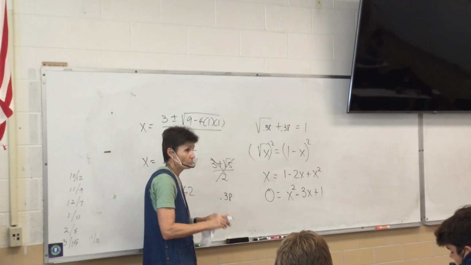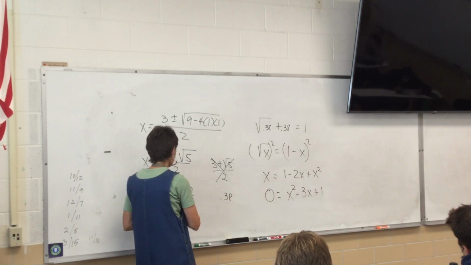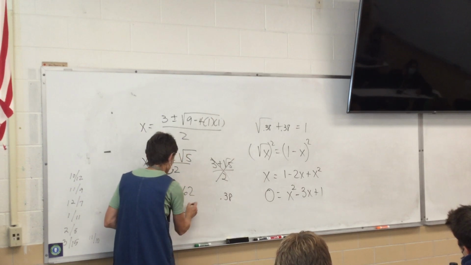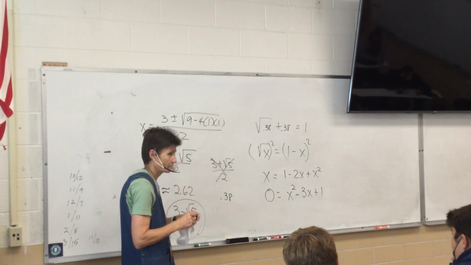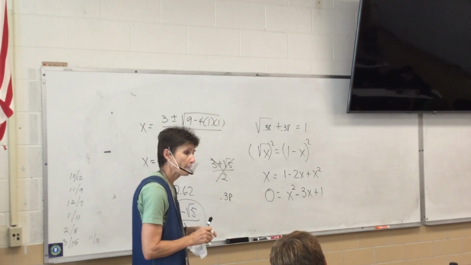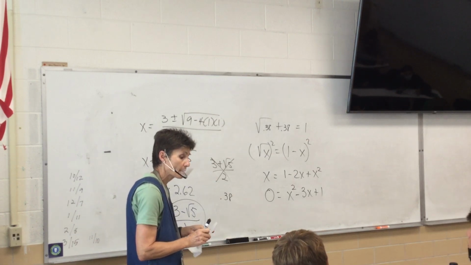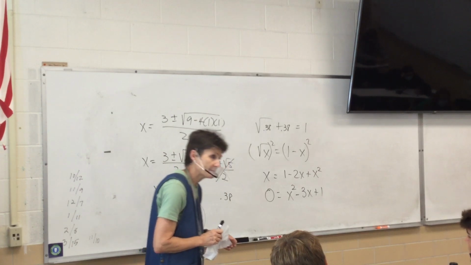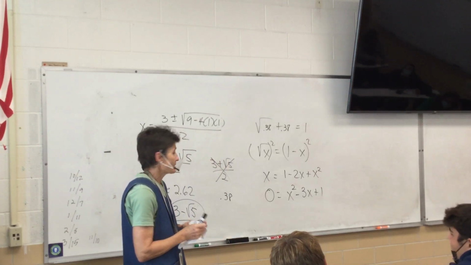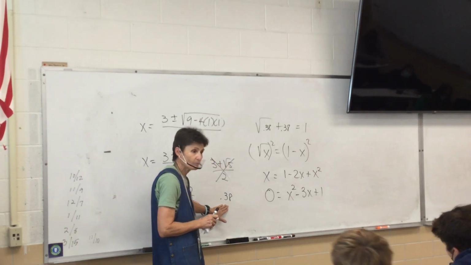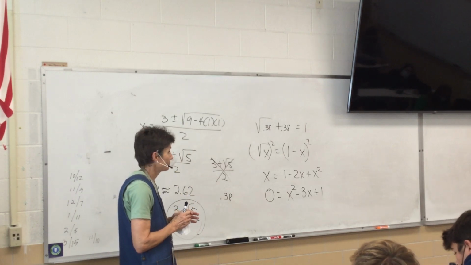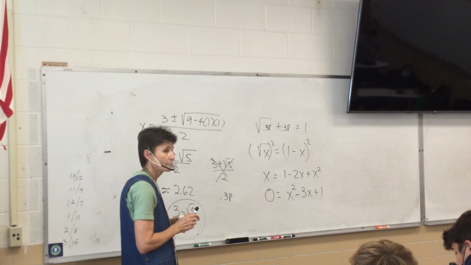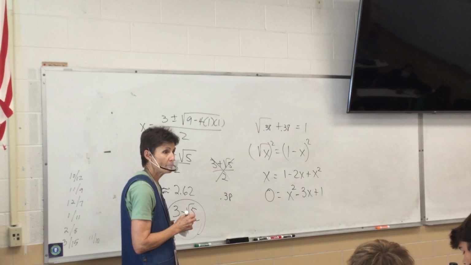But it's close to 1. So this is the answer to the question. Well, it's 0.998, and since I rounded this off to the nearest hundredth. All right, you good with that?